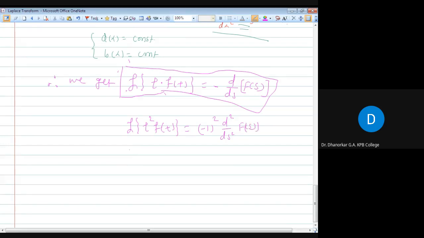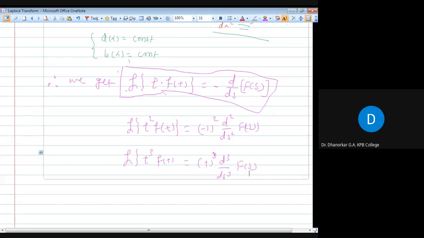In a similar way, for the third derivative, t cube into f of t is equal to minus 1 raised to power 3 into d cube by ds cube of f of s.